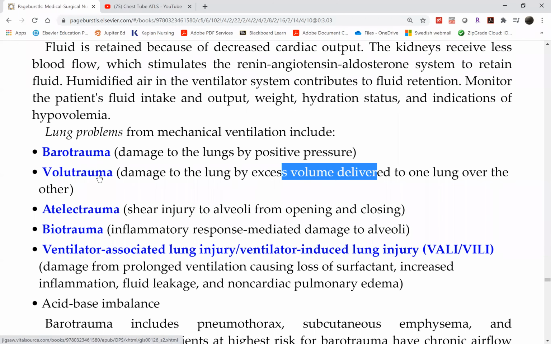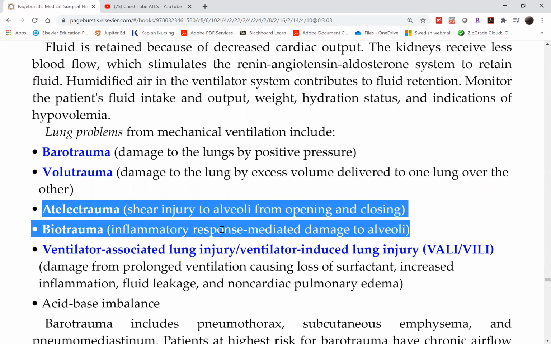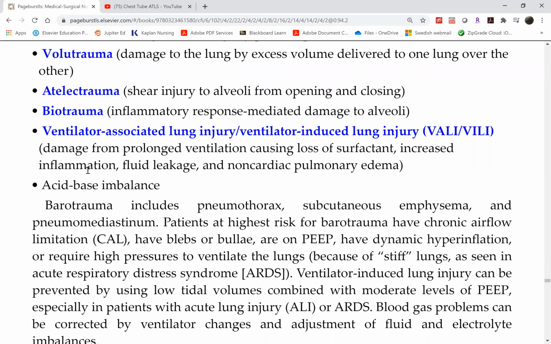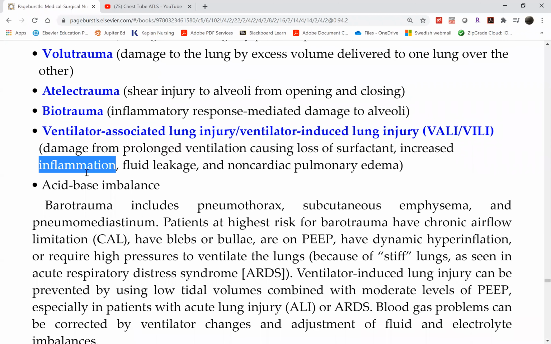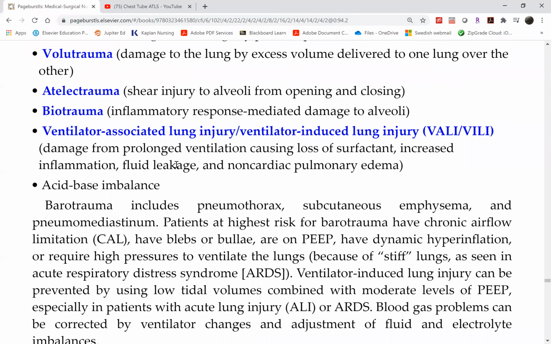These are not very common though. Acute lung injury was mentioned. Remember, this one will cause ARDS. So a ventilator can cause lung injury as well. This one obviously is direct lung injury caused by having the airway and the ventilator.